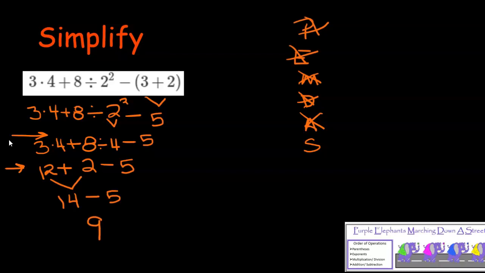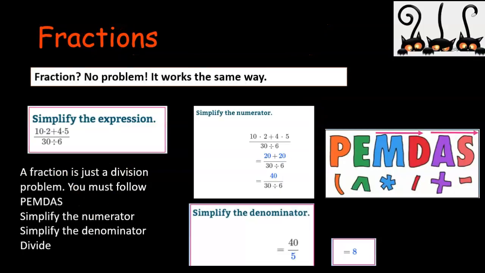You have your PEMDAS. Well, okay, but what about fractions? Well, no different. Look at this. This is a fraction. In the numerator we have 10 times 2 plus 4 times 5, divided by 30 divided by 6.